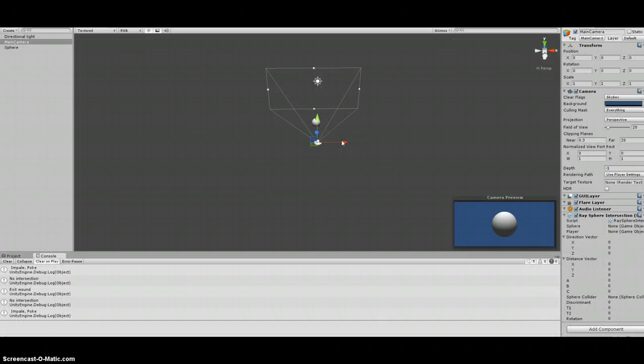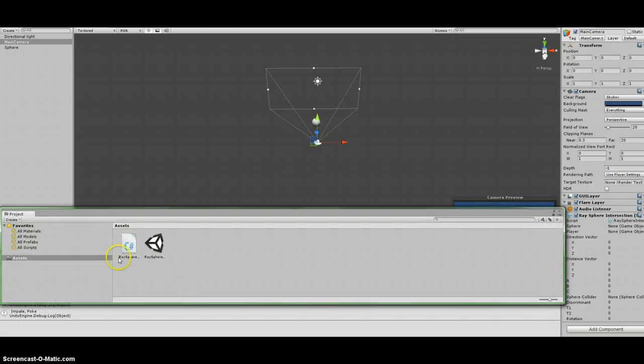This is a very simple implementation where I can shoot rays from the center of the camera straight ahead, and I'm trying to hit that sphere. And I can show you the code.